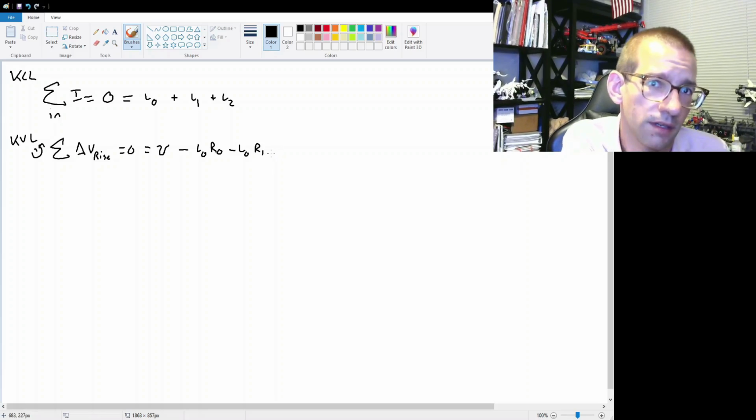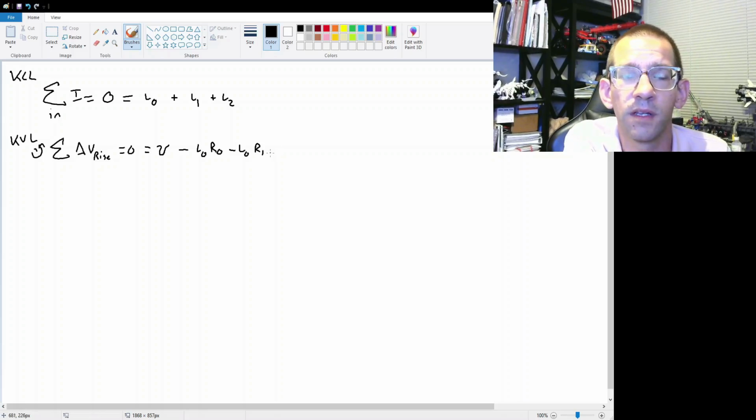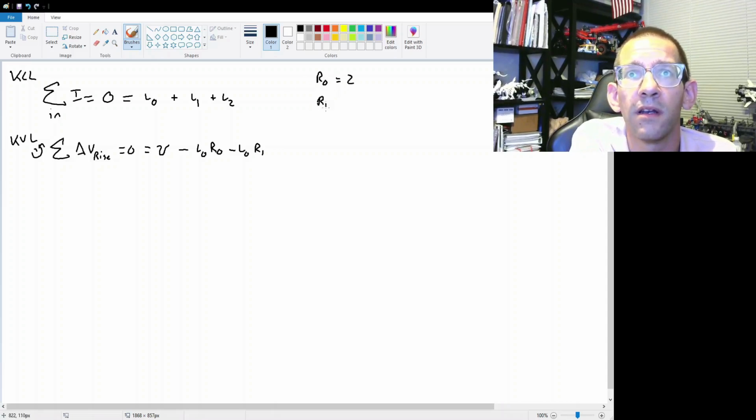Of course, I'm putting in these R0 and R1 for the resistor resistance, but let's just assume that they have something attached to them. So R0 is 2 and R1 is, no, 10.